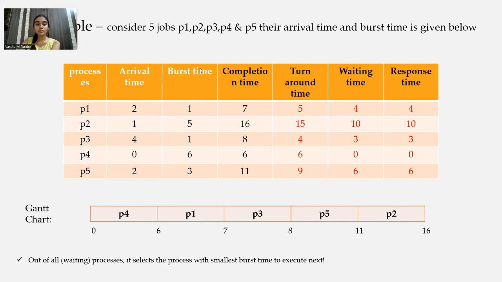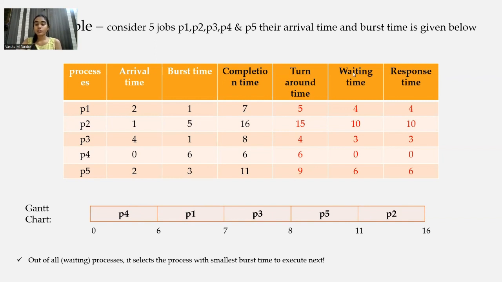Then the burst time is 1, so the completion time will be 6 plus 1, that is 7 units of time. Within the 7 units of time, the P1 process gets executed and it is terminated. This is how the scheduling of the processes into the CPU takes place.